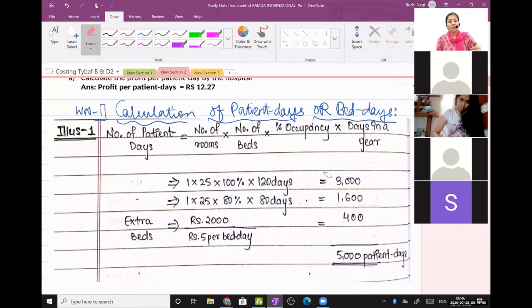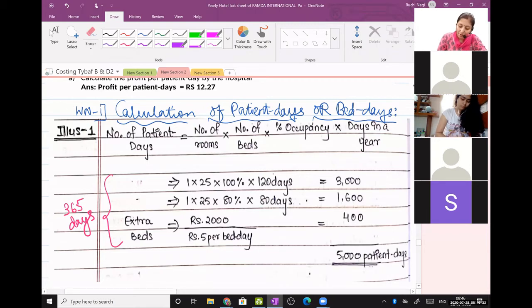Now your calculations are divided there. Your 365 days are divided. Look at the screen. Pay attention to the working note which I am doing. See this. This is 365 days. They have given you a bifurcation.